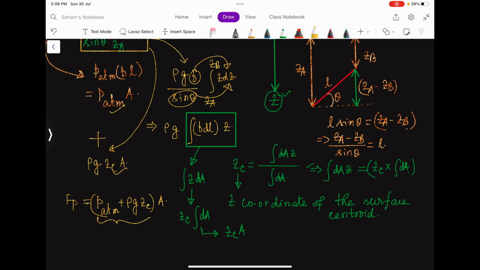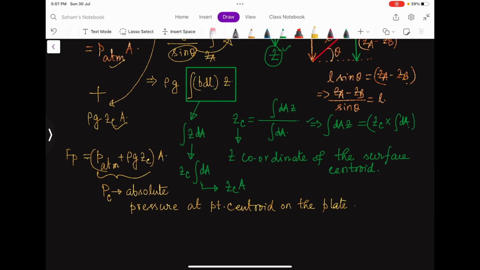So this thing is the actual pressure. So pressure at point C, and this is absolute pressure at point C. C means centroid, the centroid of the plate or the surface area.